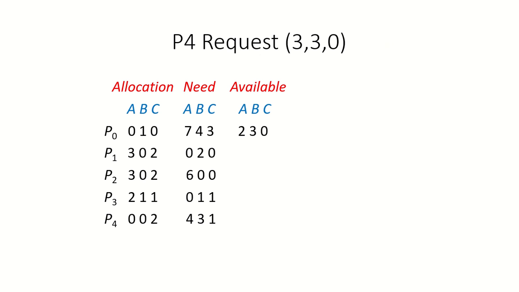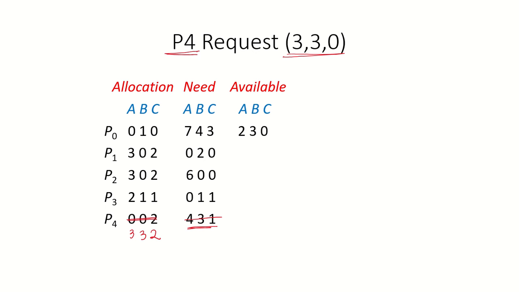Now let us say P4 requests resources 330. If P4 requests 330 over here, we see that it is less than its need. That means it is not exceeding its maximum claim. If we allocate 330 here, the allocation would become 3, 3 and 2.